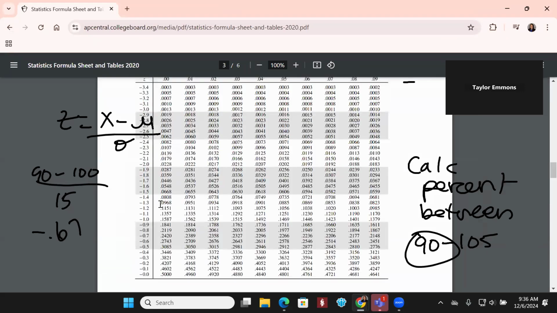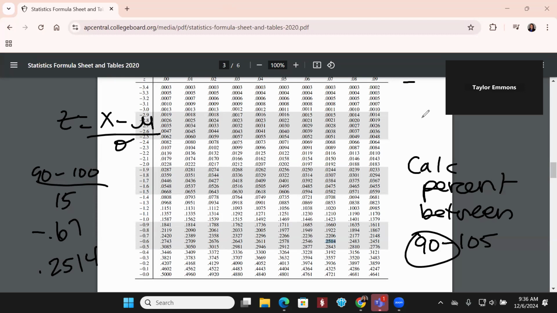All right, so we're going to go down here at negative 0.6, go over to 0.07, and that gives me this number right here, 0.2514.